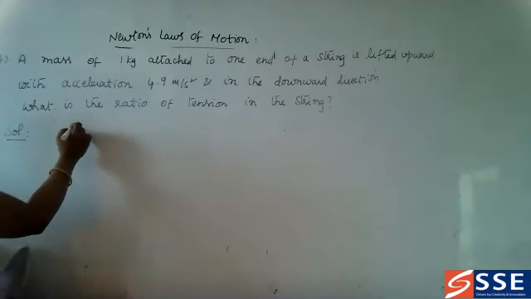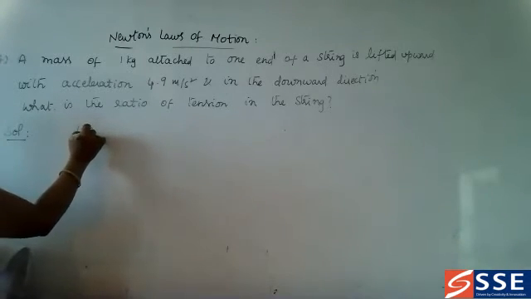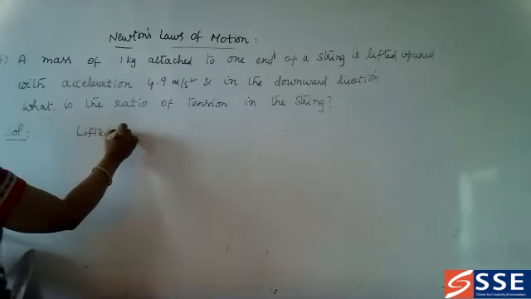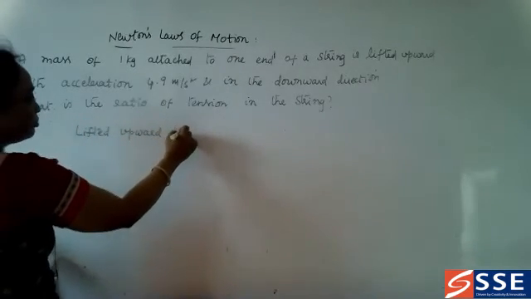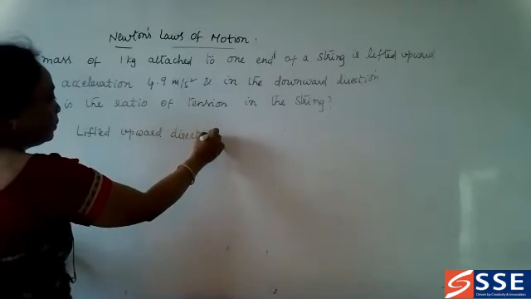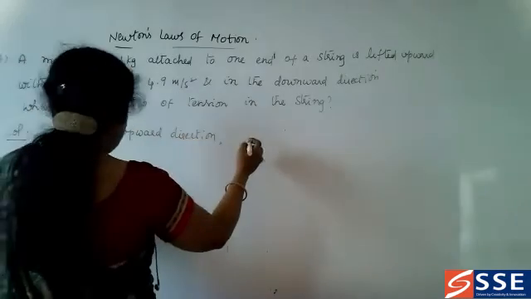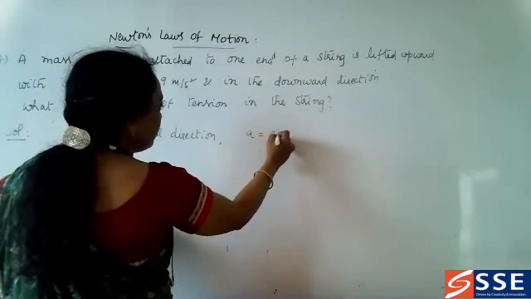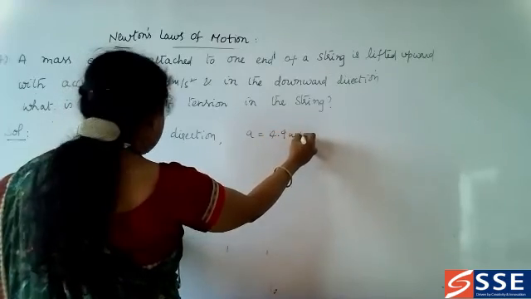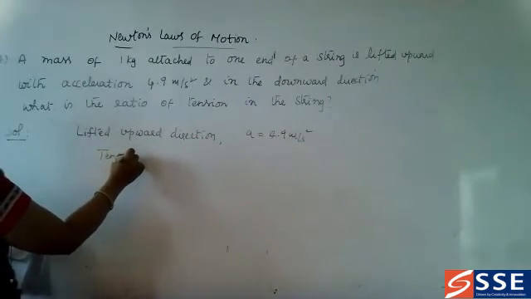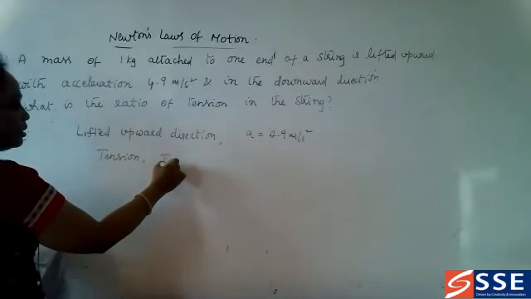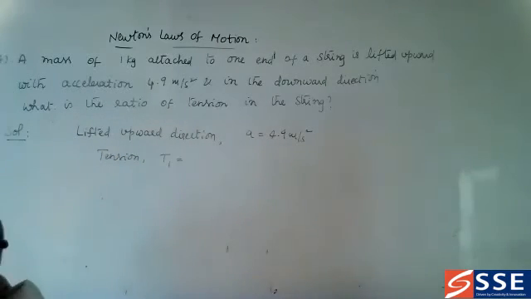So when the mass is lifted in the upward direction, acceleration is 4.9 meter per second square. So what is the tension formula? Tension T1, so the formula you can write, ma.